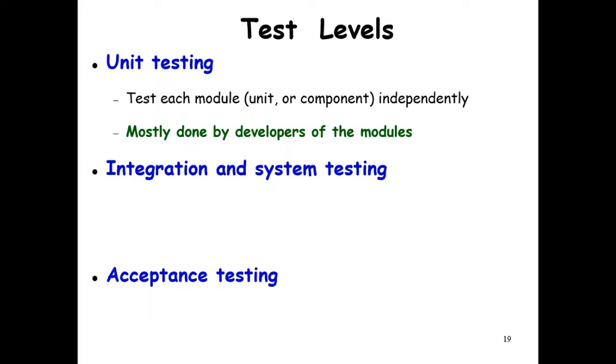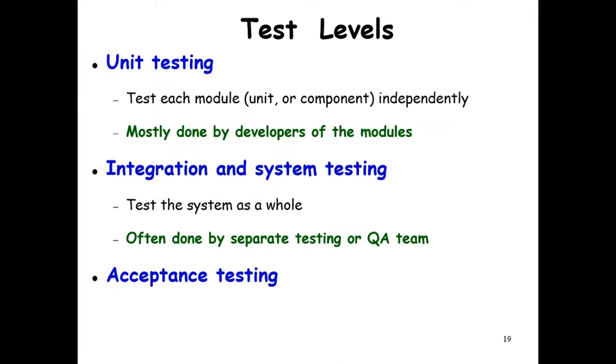So whenever a developer develops a module, he usually tests that module. That testing is called unit testing. Then comes integration and system testing, which tests the system as a whole. It's done by a separate quality assurance team or tester team. Once the different modules have been completed and all the modules need to be tested at once, that type of testing is called integration and system testing.